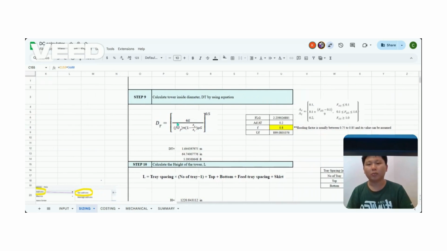Step 9 will be the tower inside diameter calculation.